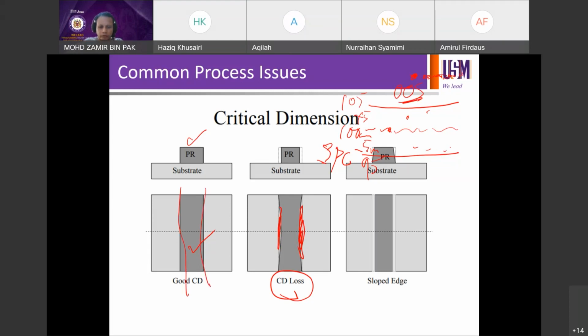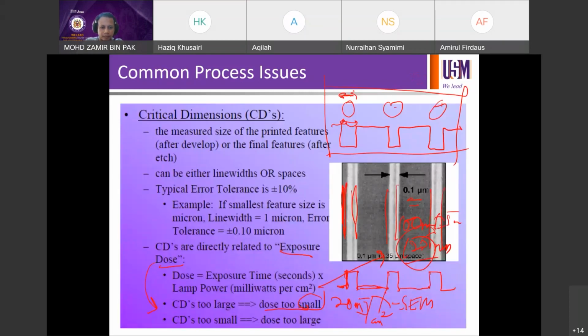If you go back to the previous slide, you already have the guideline here. I gave you the guideline. For lines, we learned earlier that the relationship between dose and CD is reciprocal. That means if your CD is too large, the dose is too small.